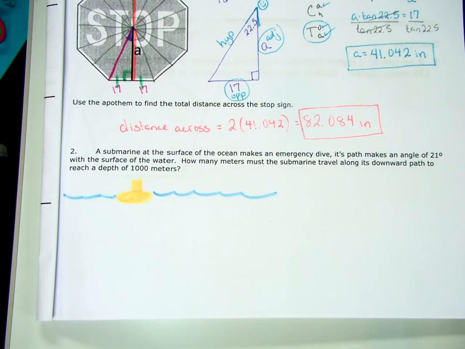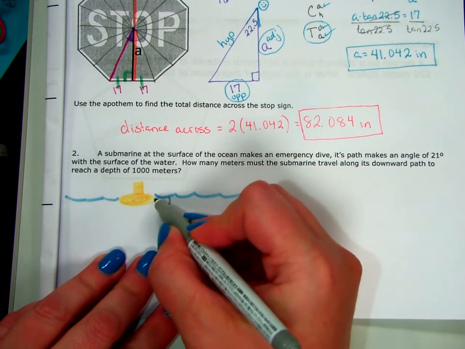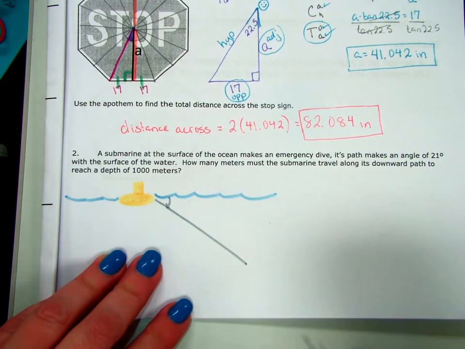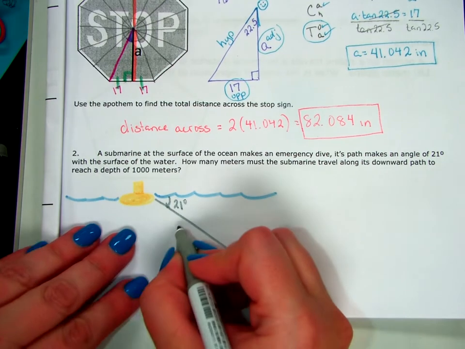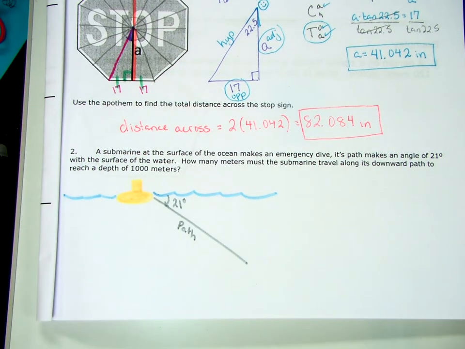My submarine is at the surface of the ocean. Its path makes an angle of 21 degrees with the water. So that means coming down from the water, the path it's going to make as it dives, because they don't sink, right? They dive down, is going to be 21 degrees. Path and water.